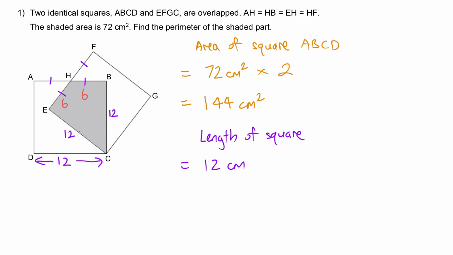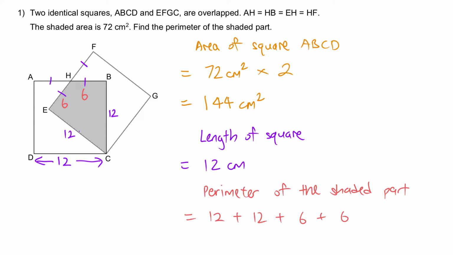Hence the perimeter of the shaded part is equal to 12 plus 12 plus 6 plus 6, the whole thing cm. That should give you 36 as the answer.